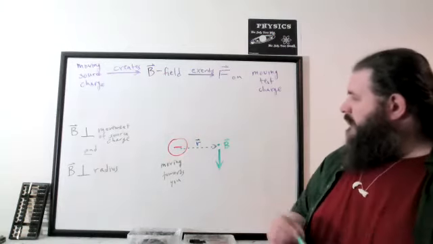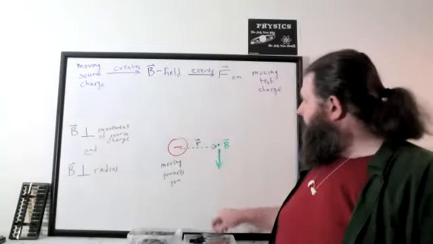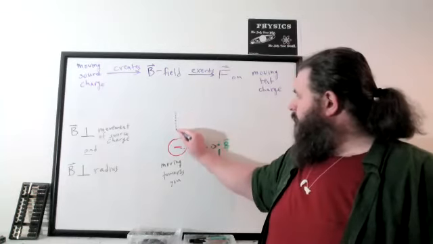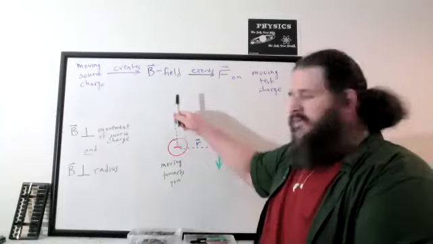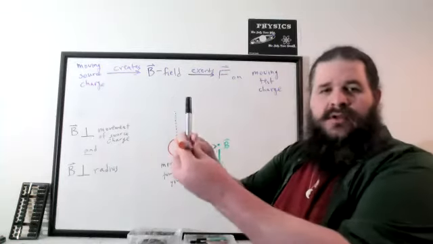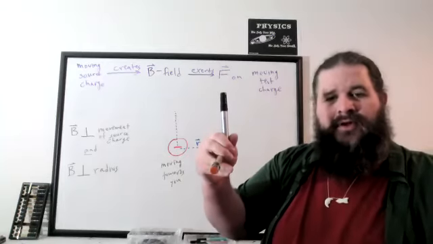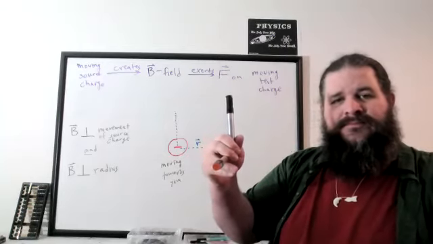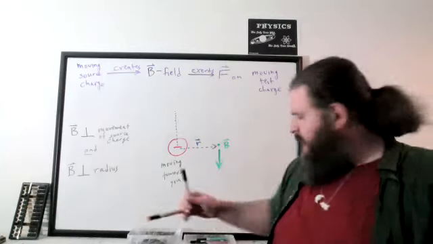Or if we were looking at another location, let's say a point directly above. We draw in a radius vector. So we now have radius upwards and motion outwards. Based on these two vectors, what are the only directions perpendicular to both of those? Yeah, left and right.